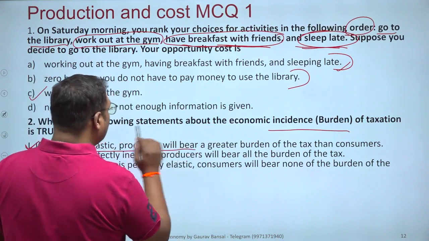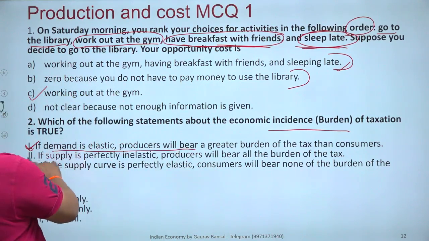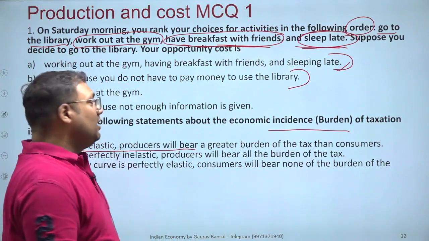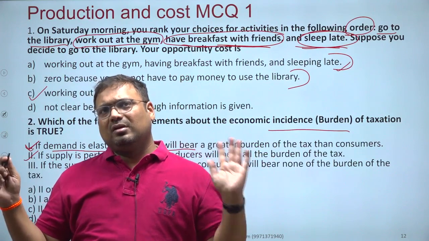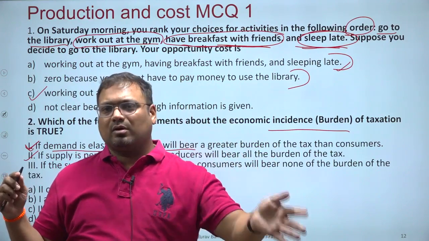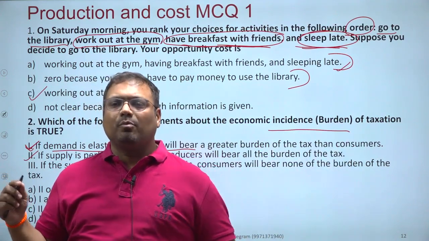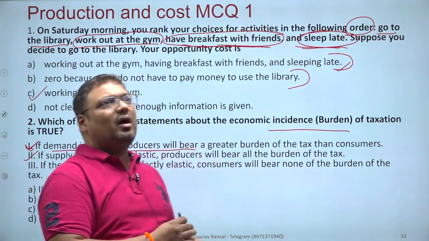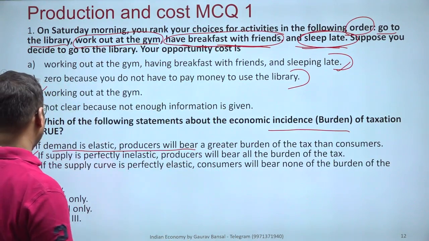If supply is perfectly inelastic, the producer will bear all the burden of tax. This is also correct. If I have absolutely no choice, whatever the price I have to sell the product at, people will simply not be ready to pay me the higher price. I will have to bear the entire burden of the tax.